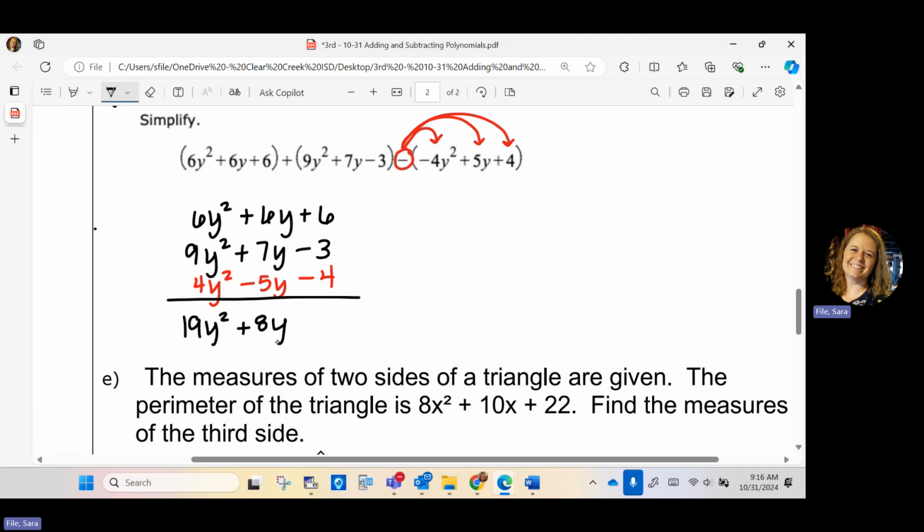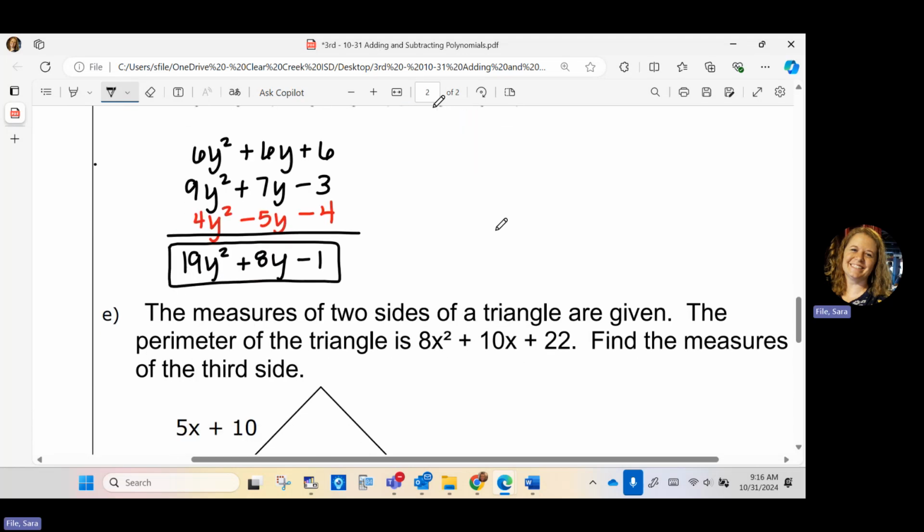And then for the constants, you've got 6 minus 3 minus 4. So that ends up being minus 1. If you don't want to do it all at once here, you could add the first 2 and then subtract the next one. But I think doing it all at once is a little quicker.